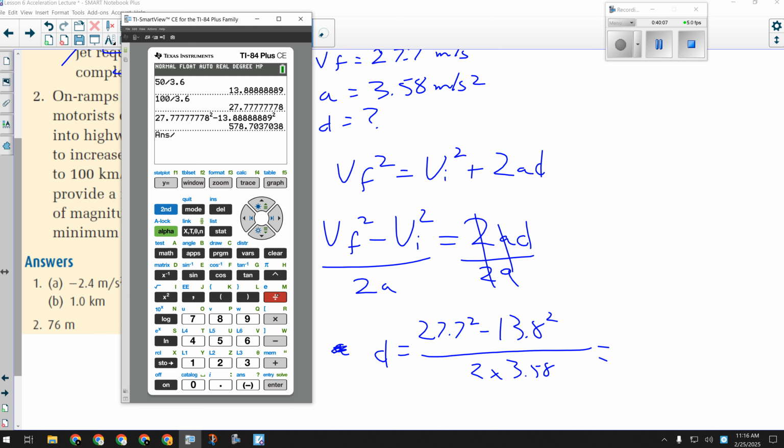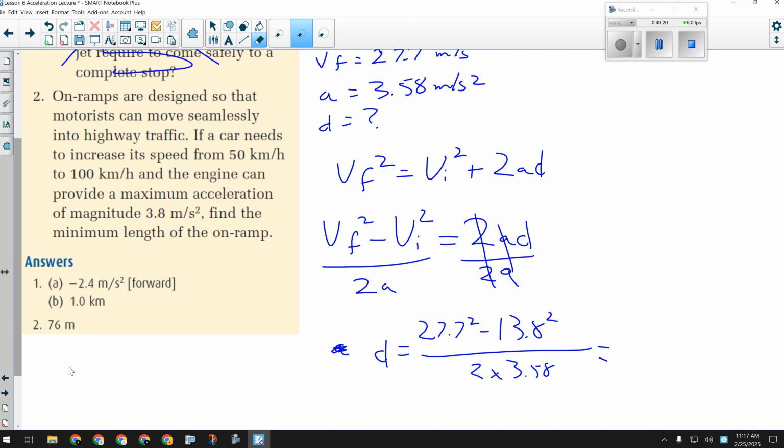Okay, so there's the top, going to divide that by the bottom, 2 times 3.58. All right, so I've got 80 meters here. Did I mess something up? Is it 3.85? Oh, it's 3.8. I put 3.58, that's why.